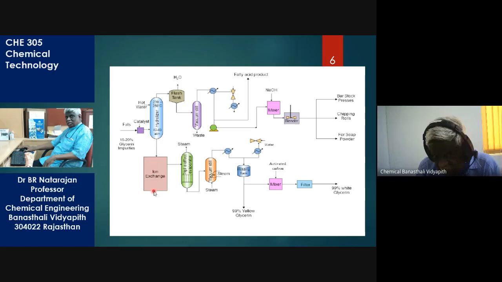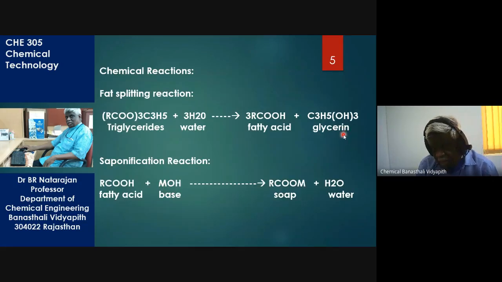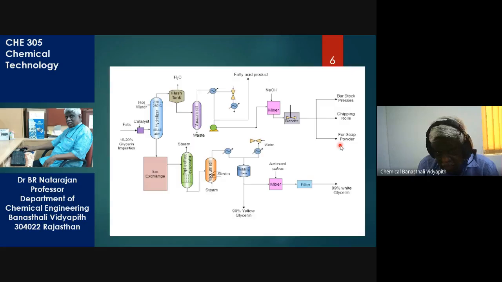The bottom of the hydrolyzer goes to ion exchange and then goes into a triple effect evaporator, right? Because the glycerine may have water, so the water has to be removed and the glycerine must be concentrated.